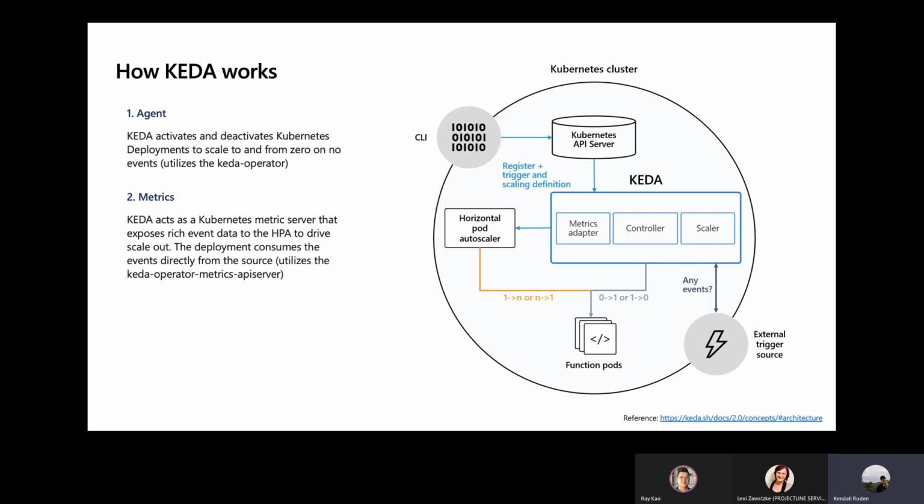That's all happening through these two KEDA pods, one of which is the agent, doing that 0 to 1 or 1 to 0. And then one is the metrics pod, which I think is called operations or metrics in the cluster whenever you deploy KEDA. What that's doing is using the metrics server to tell the HPA to scale up or down based on whatever criteria you set in the Kubernetes object that you deployed. Yeah, there we go. The KEDA operator metrics API server is what that pod is called.